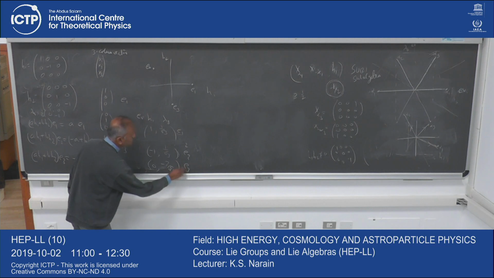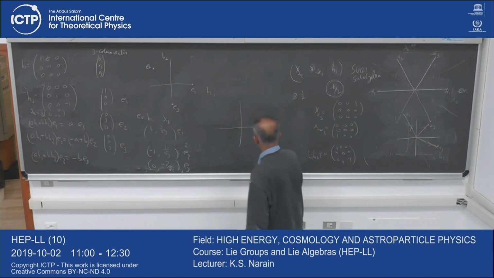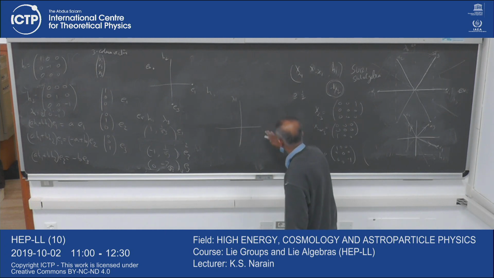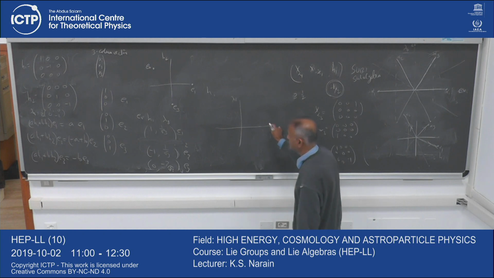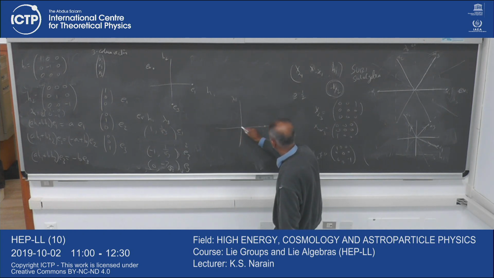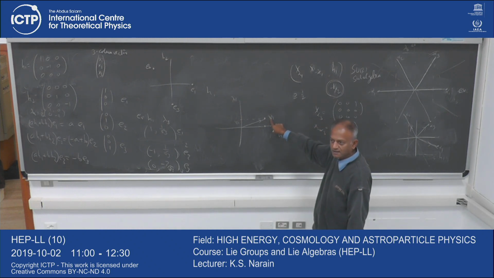So if I plot now in this H1, lambda 8 eigenvalues, you get 1 unit here and 1 over root 3 unit here. So it's something like here. This would be, let's say, W1, the weight. I'm just calling it W instead of alphas.